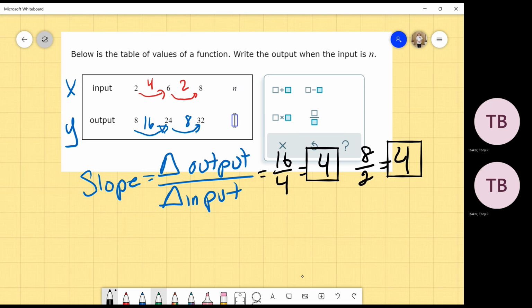So my answer is just 4 times n. If that n was an actual number, that's what I did to the other 3 things. I multiply each one of them by 4. 2 times 4 is 8. 6 times 4 is 24. Yep, these are those wonderful patterns that drive people nuts.